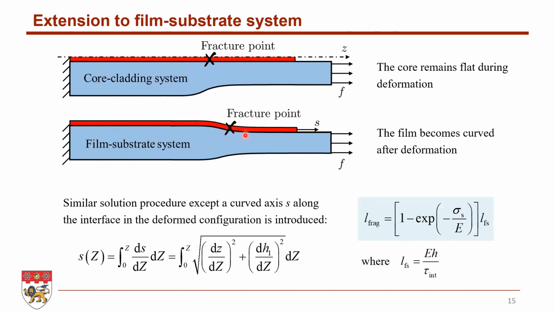So to describe the deformation of the film, we need to introduce this curved axis S. After that, the rest of the analysis will be similar to what we have discussed. And also we can obtain a solution to the fragment size in this film-substrate system.